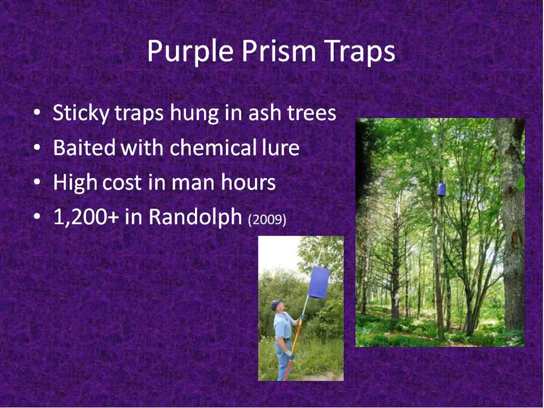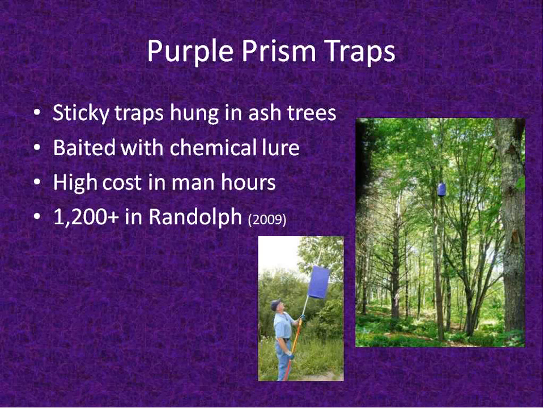And 1,200 plus traps were put out here in Randolph last year after the discovery of the incipient population. And of those 1,200 plus traps, none of them caught a single emerald ash borer. So that's kind of a cause for concern. These have been shown previously not to be very effective when emerald ash borer is at low population densities, as it likely is right now here in Randolph.